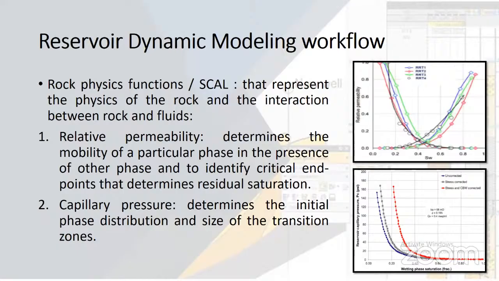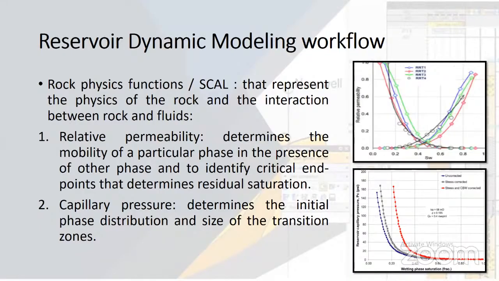The relative permeability will control the movement of different fluids, so depending on its values, you will produce more oil, more gas, or more water. Also, the capillary pressure is very important in distributing the saturation in your reservoir model.